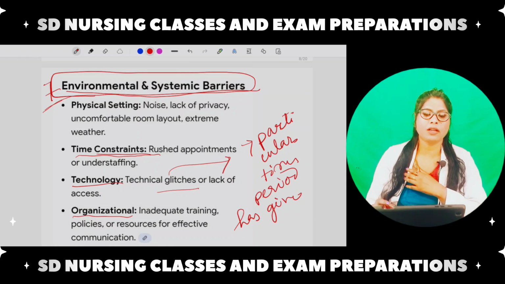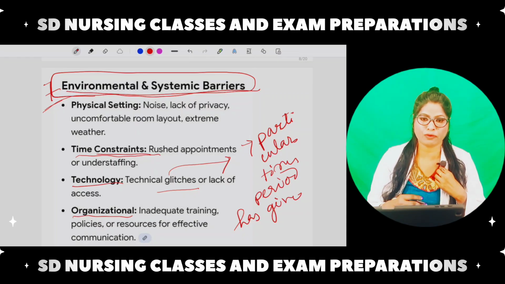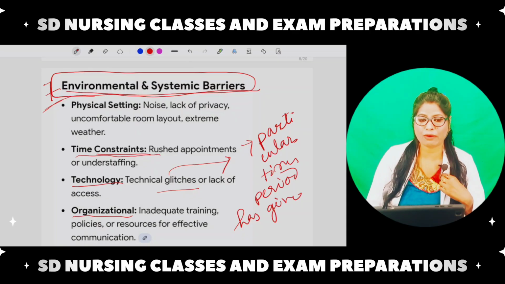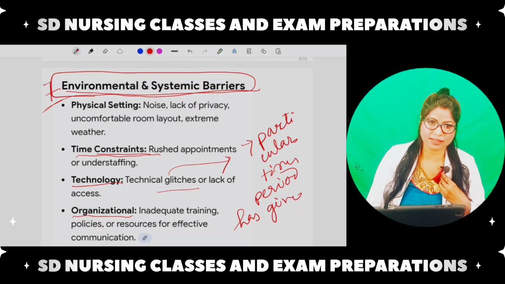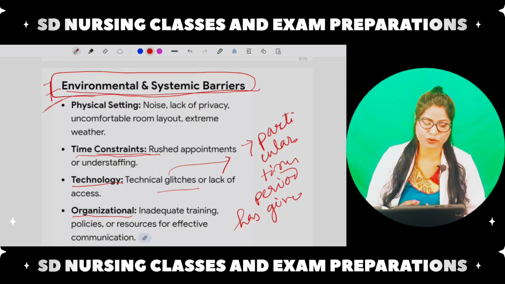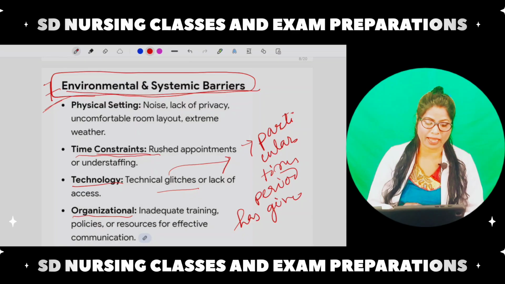Why? Because of the mic. If the mic is technically faulty, then it will not be effective communication. So first I have to check whether my mic is working or not, then I should teach the students. This is the technological barrier.